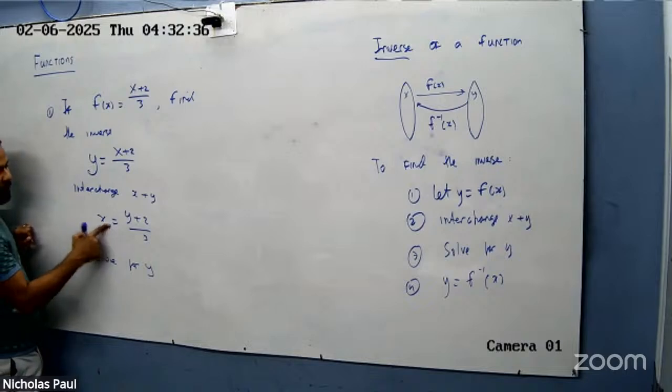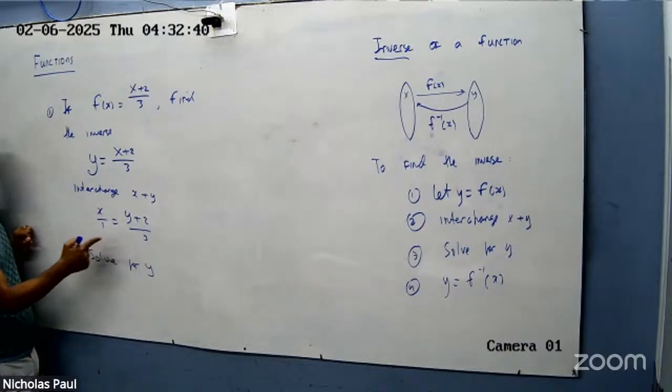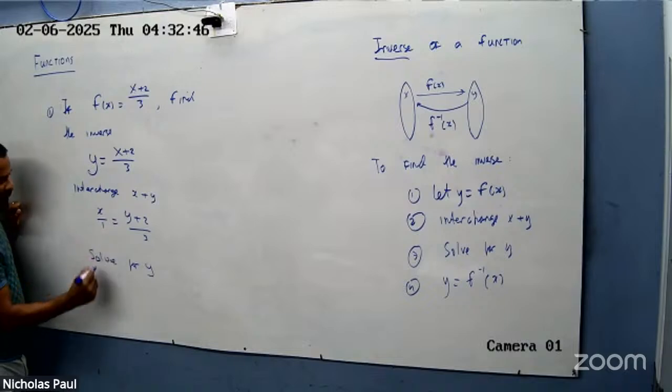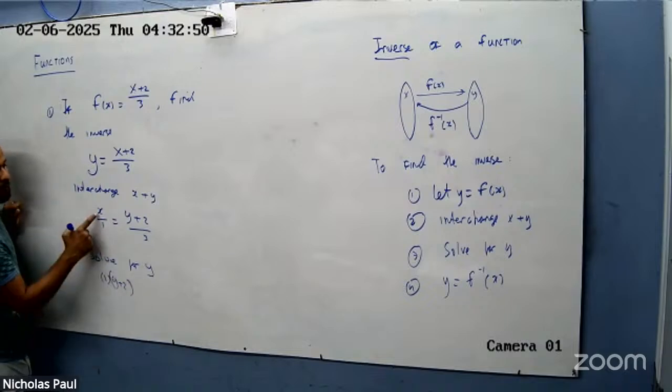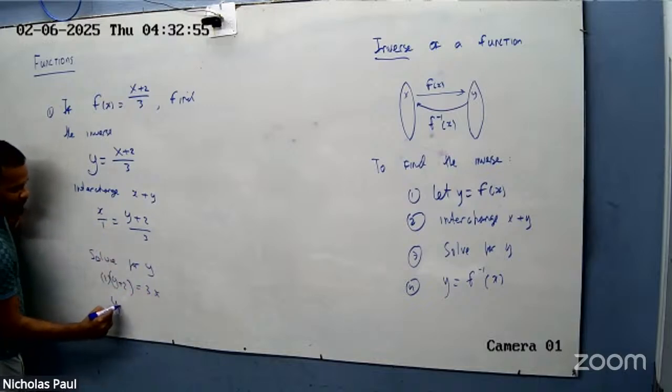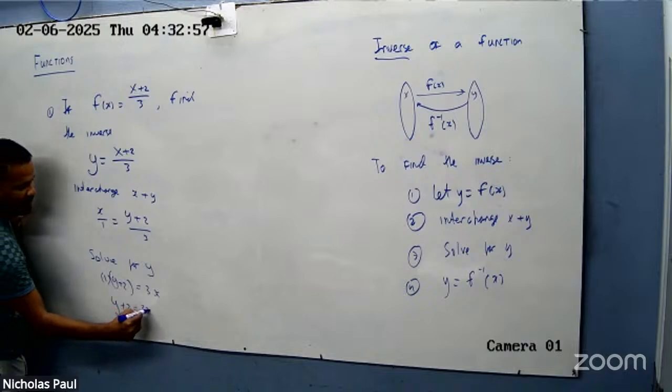So I have two fractions here separated by an equal sign. So what do we do? Cross multiply. I'm multiplying 1 by y plus 2, and I'm multiplying x by 3. So I end up with y plus 2 is equal to 3x.